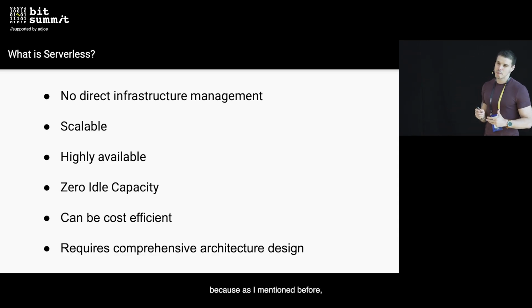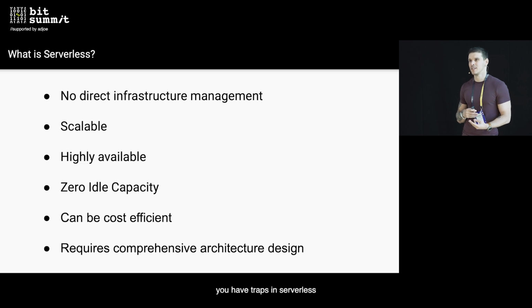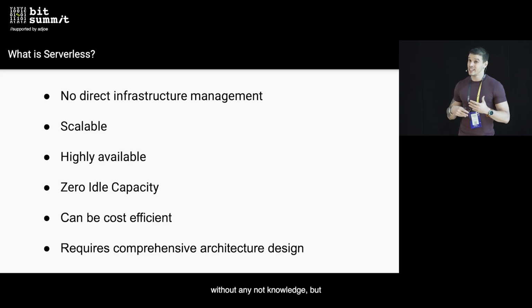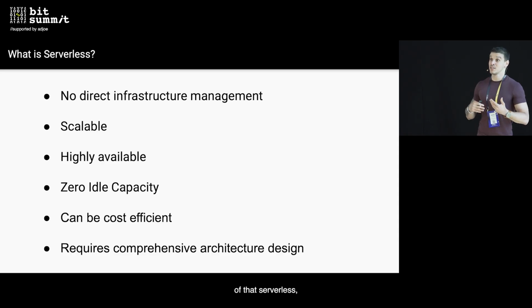I say can be, because as I mentioned before, you have traps in serverless. It was very visible in the earlier days of serverless, where people would just use it with some naivety, thinking that serverless solves everything.